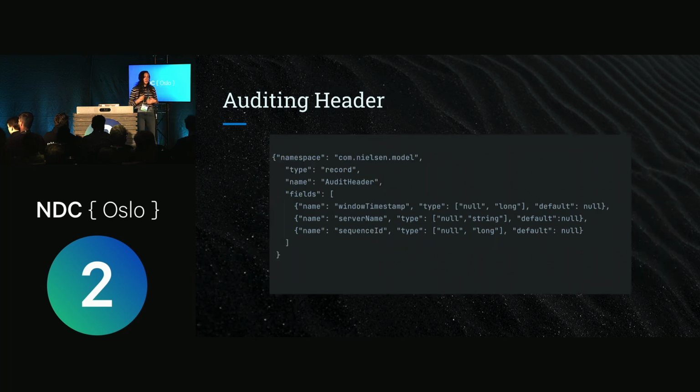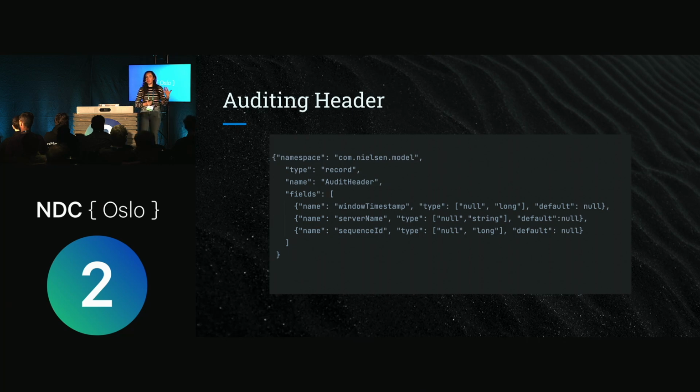Cool. So now that we have that count and we have that metadata object, what we need to do is connect it to our data. So we're going to create an audit header. The audit header will have all that complementary information that our data does not have. So what do we have?